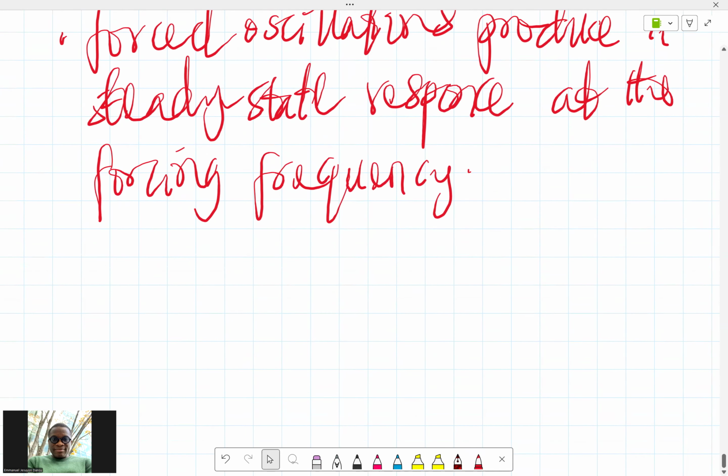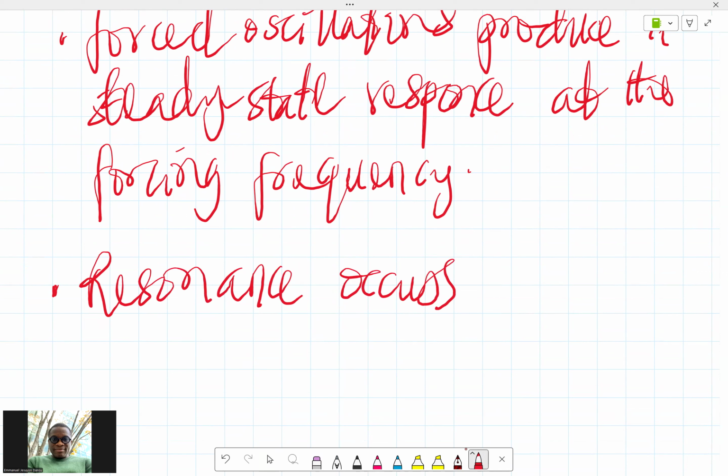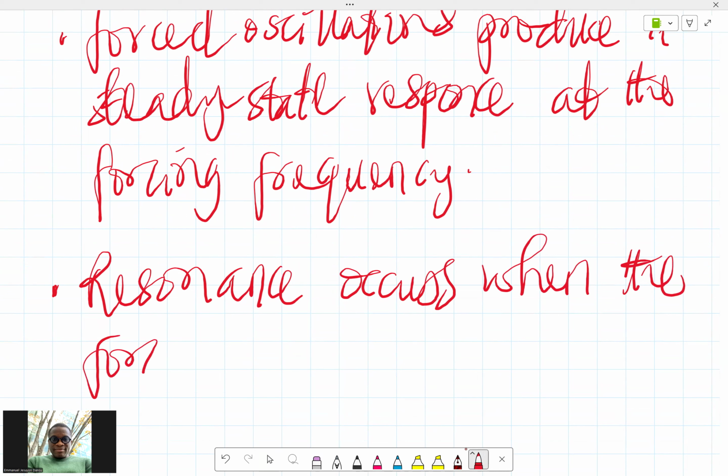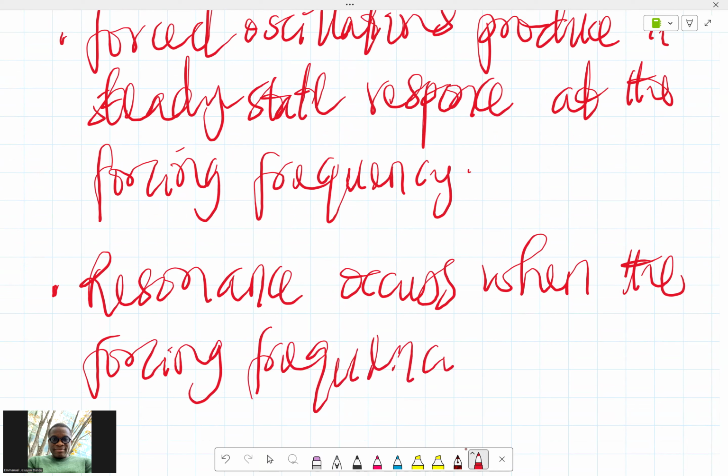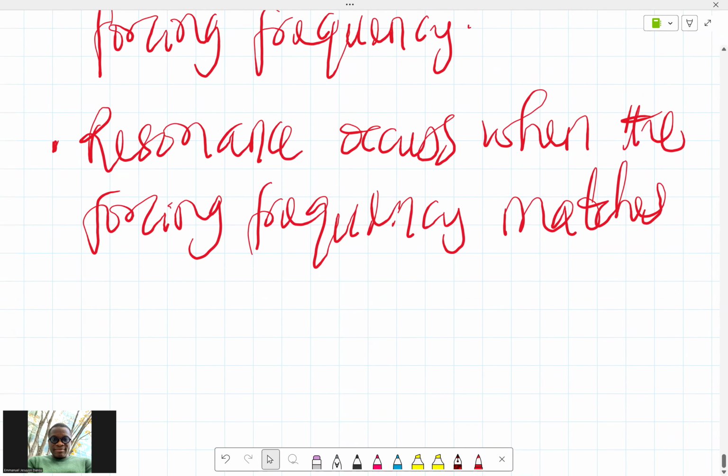kind of tedious. Then the next thing is that resonance, as we saw, occurs when the forcing frequency matches the natural frequency.